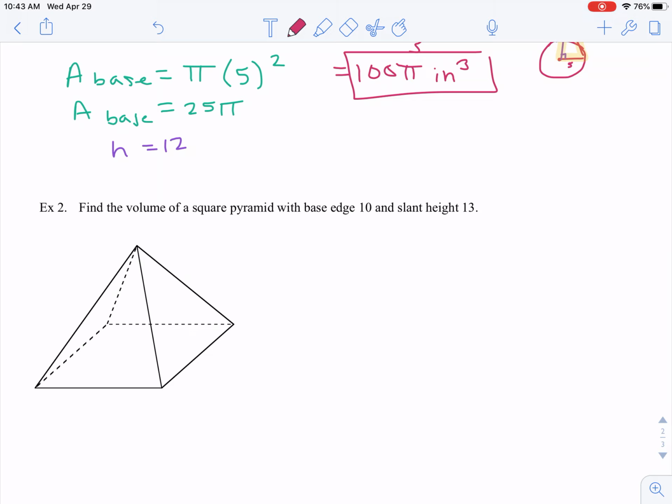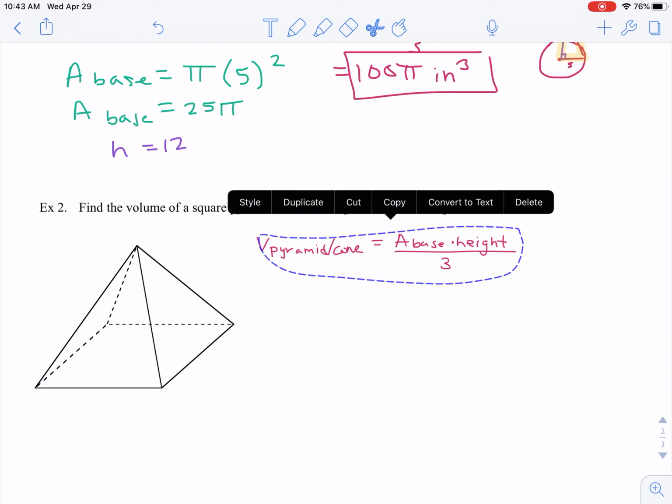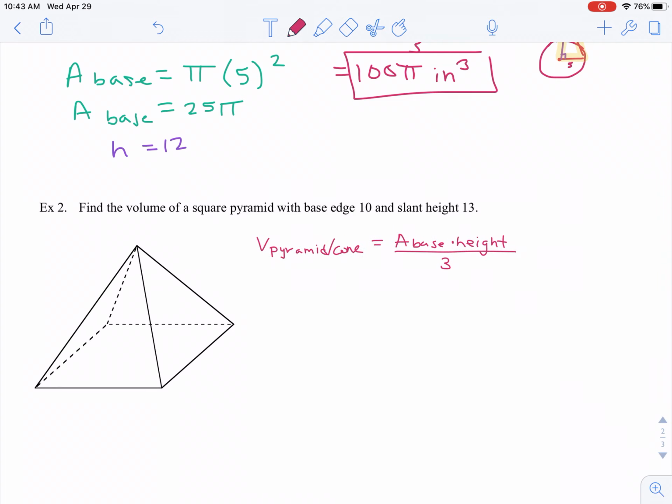Okay, so let's take a look at this example. So we're finding the volume of a square pyramid, that has a base edge of 10. So when it says square pyramid, that means that this base right here is a square. So all my sides, my base edges, they are all 10, okay? And it tells me that I have a slant height of 13.